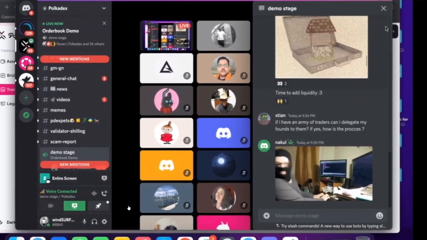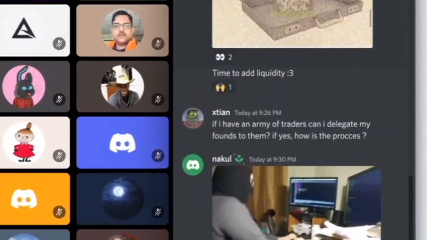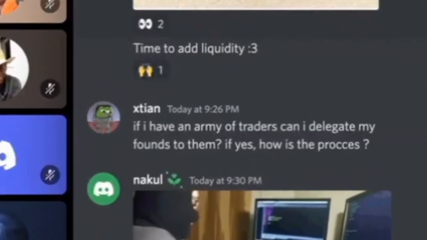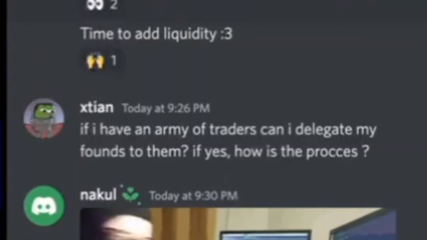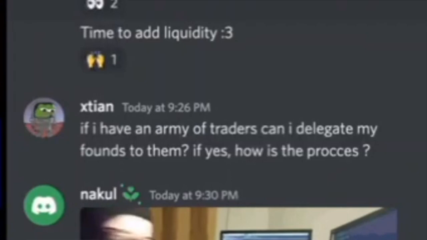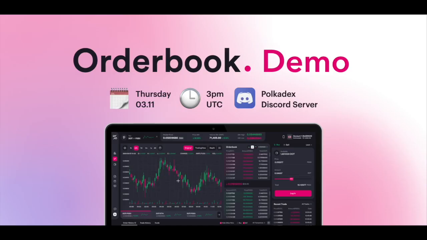I see one question here from Christian. How is the process to delegate your funds to a trader so they can trade on your behalf? If I have an army of traders, can I delegate my funds to them? I think the best way would be to set up a trading bot, and we will definitely do a demo on it.